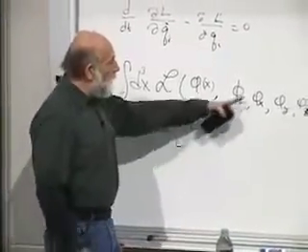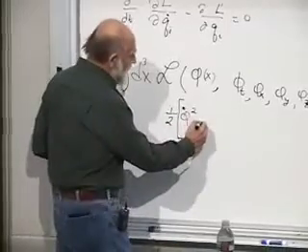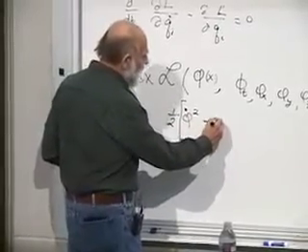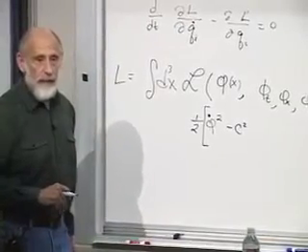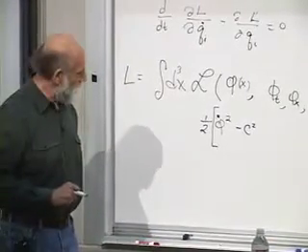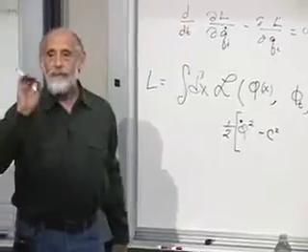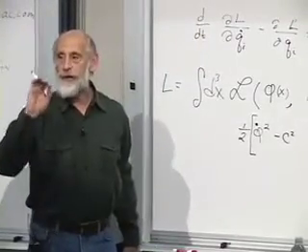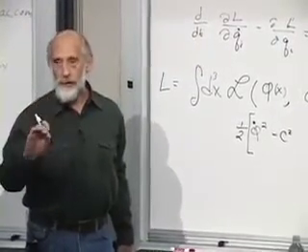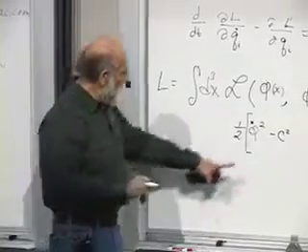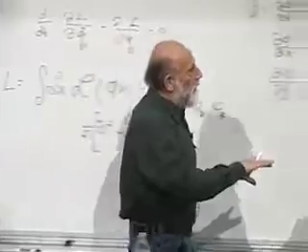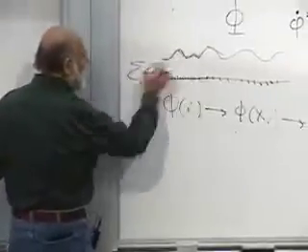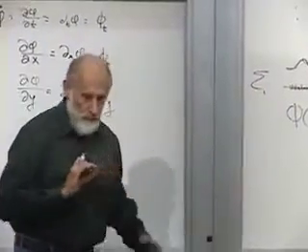And then in the example we worked out over there, there was a minus c squared. Why was there a minus sign here? Anybody remember? In the potential energy? Because the Lagrangian is kinetic energy minus potential energy. And what was the potential energy? The potential energy depended on the difference of the field at neighboring positions.